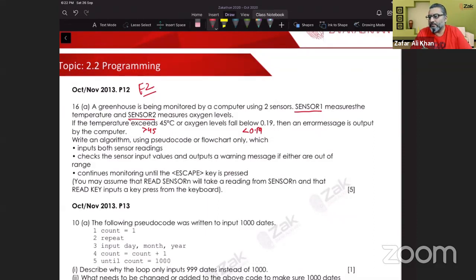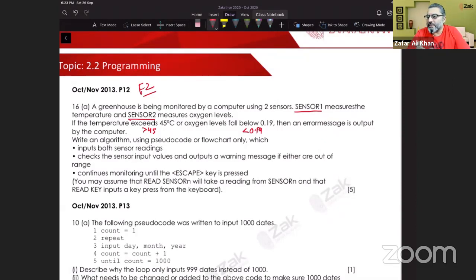Write an algorithm using pseudocode or flowchart which inputs both sensor readings, checks the sensor input values and outputs the warning message if these values are out of range. Out of range means if the temperature exceeds 45 or oxygen falls below 0.19. And then it tells how we will end the loop.